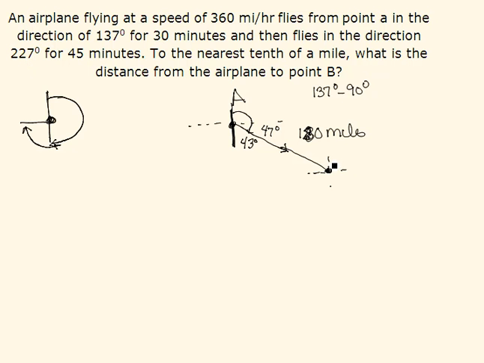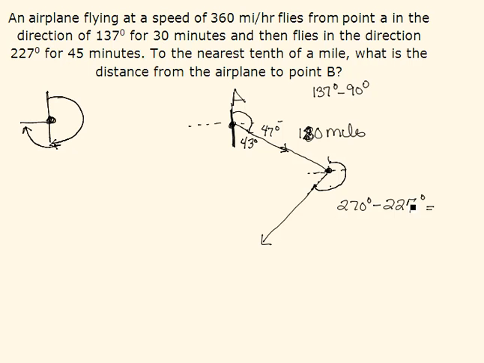227 is less than 270, so as we rotate it around, we are going to create an angle. We would know that if we went all the way to the negative x-axis, or the west axis, that would be 270. So our angle inside our triangle is 270 degrees minus 227.